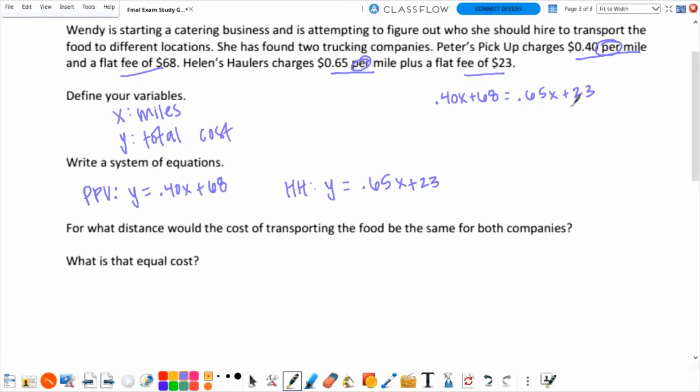So let's start by subtracting 23 from both sides. We're just combining like terms. And then we also need to get that x over there, so we're going to subtract 0.40x.